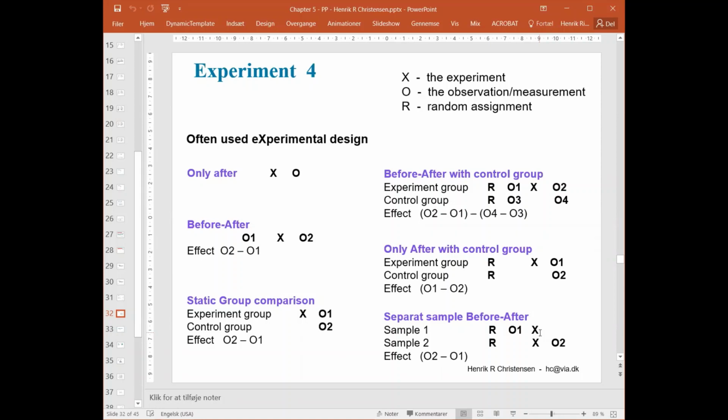And then after we have done the experiment, maybe a month or two after, we ask the other 50 employees the same questions, and they answer. And that becomes our O2 observation. So that means we are kind of controlling the experiment, saying that the lunch would have this effect being O2 minus O1.